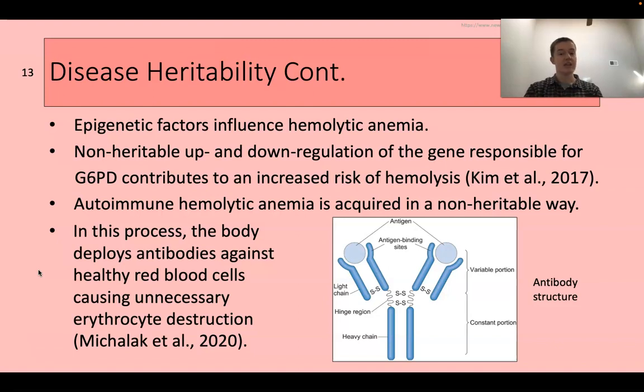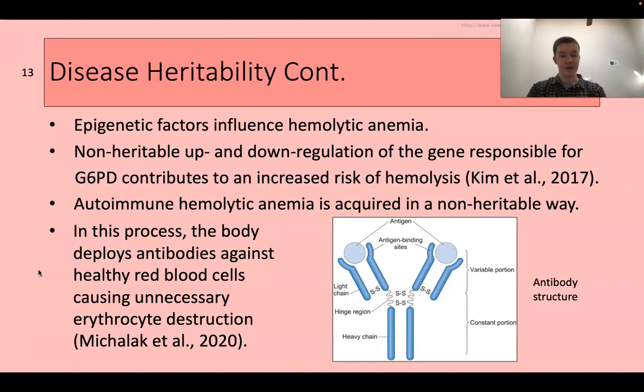And hemolytic anemia can be acquired in a non-heritable way through autoimmune hemolytic anemia also. In this process, the body mistakenly deploys antibodies against healthy red blood cells, which causes unnecessary erythrocyte destruction, or the destruction of red blood cells.